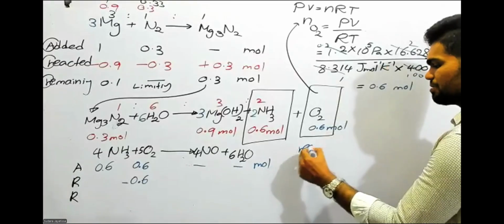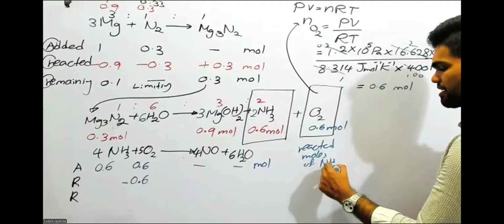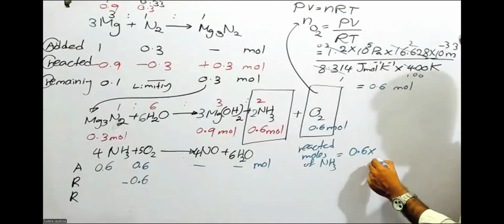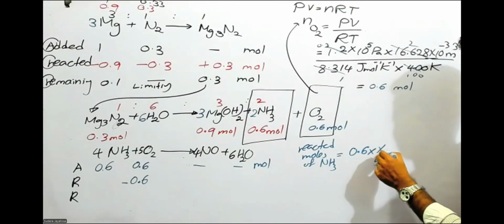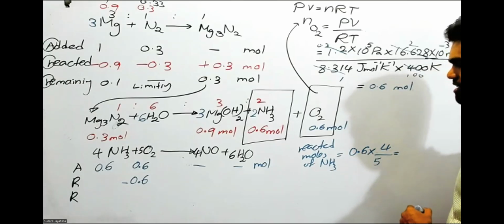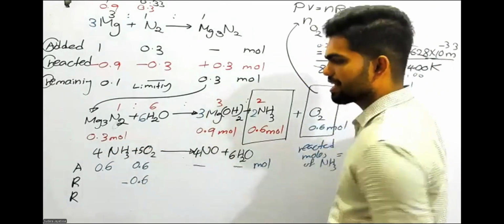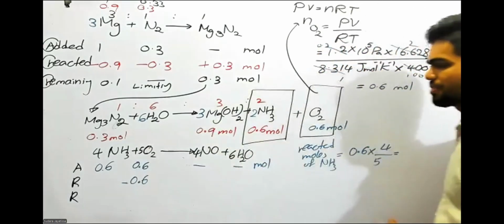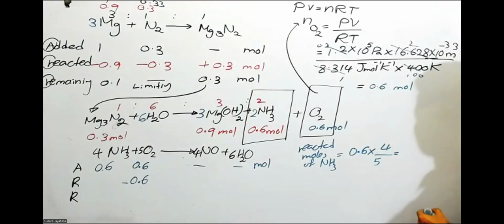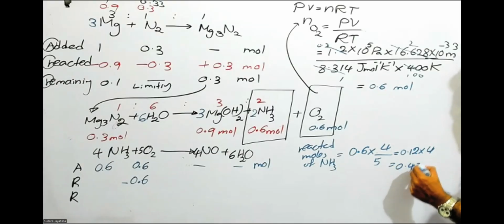So reacted moles of NH3, how do we find that? From the 0.6, divide that by 5 and multiply by 4 to find the moles of ammonia reacted. Divide by its own stoichiometry and multiply by the other one's stoichiometry. I'll remind you of this ARR one more time in the class, so don't worry. So divide this by 5 and multiply by 4. So 0.12 into 4, 0.48.